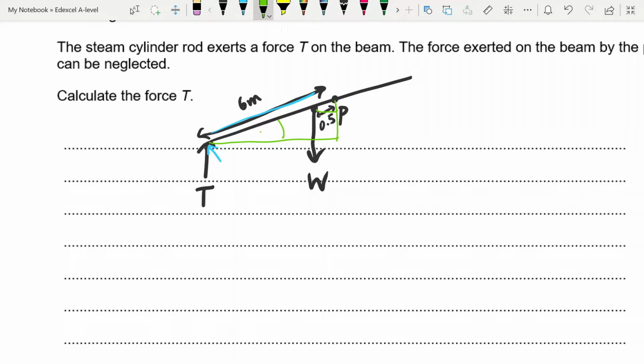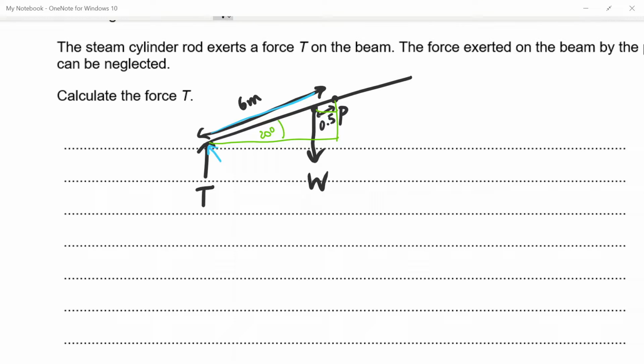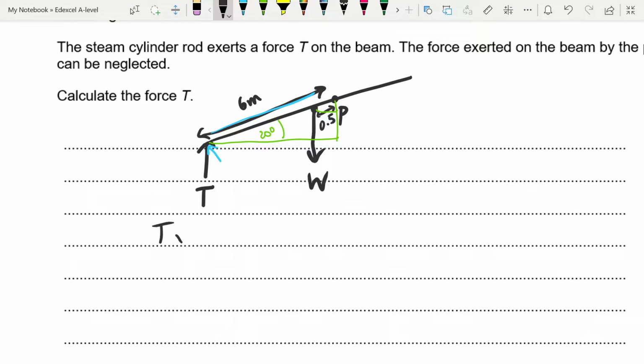We know this angle is 20 degrees. So what we're going to say is that the moment from T is balanced by the moment from W. And we know that the moment is force times distance. So T times T's perpendicular distance from that pivot is going to be equal to W times W's perpendicular distance from that pivot.